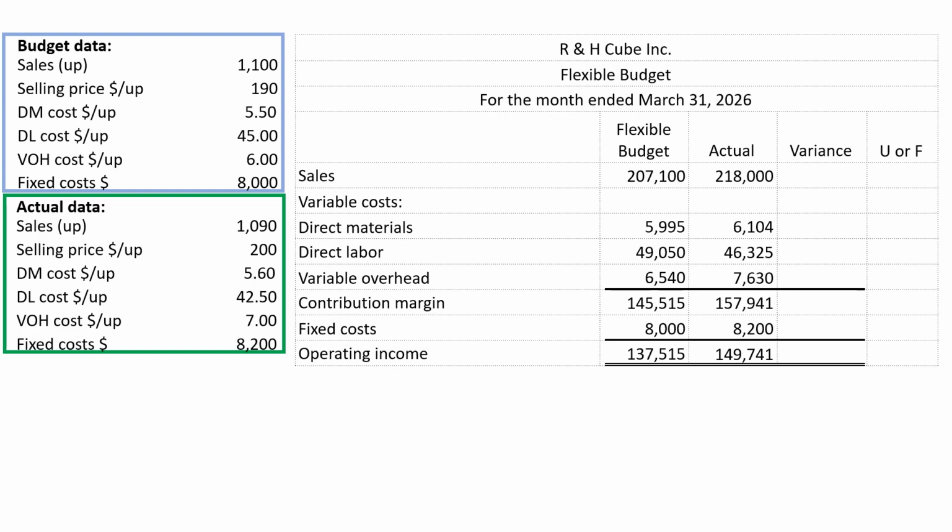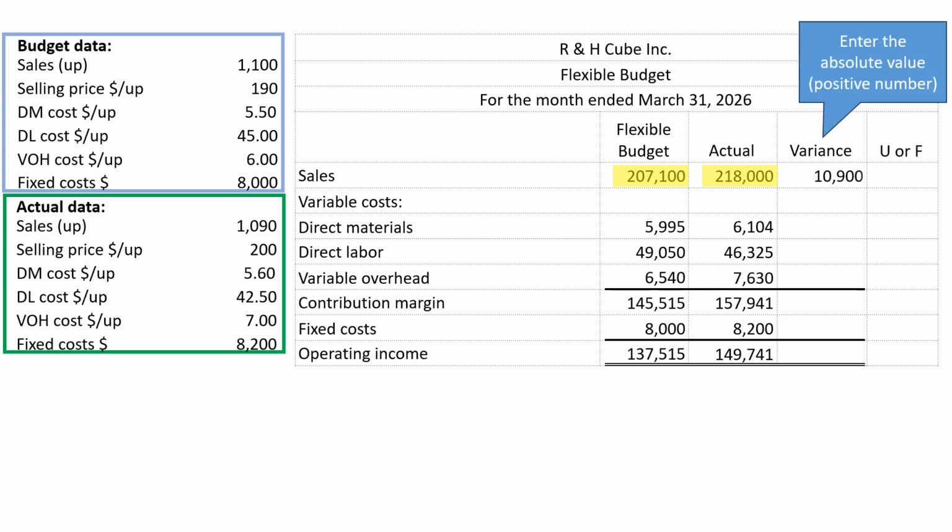To get the variance or difference between our flexible budget and actual amounts, we subtract across each row and enter the absolute value in the variance column. Enter the difference as a positive amount. The difference between 207,100 and 218,000 is 10,900, and so on. You have to do the math across each row. You can't do the math down the column as you did with the flexible budget column.